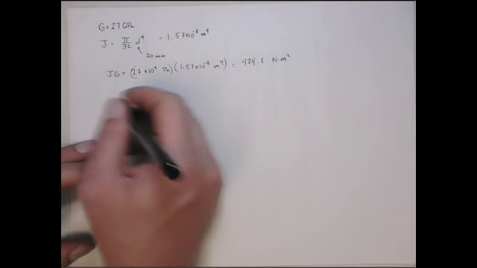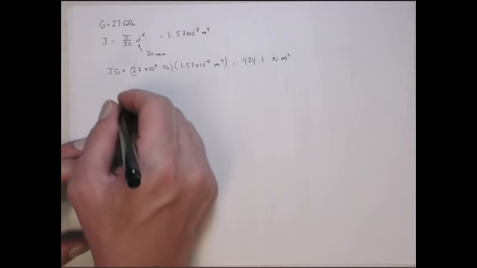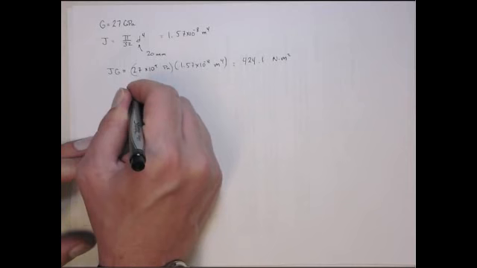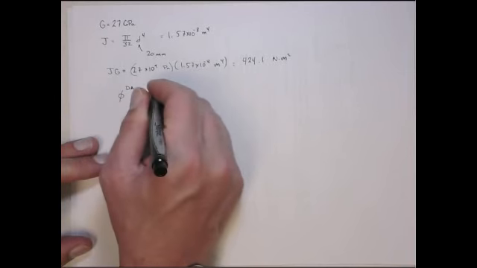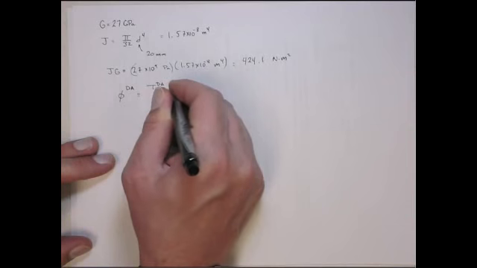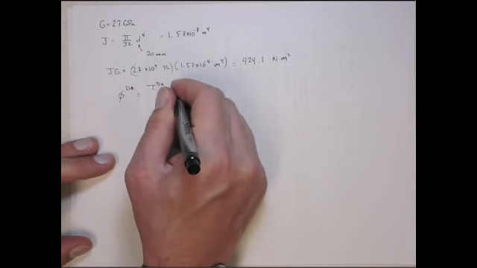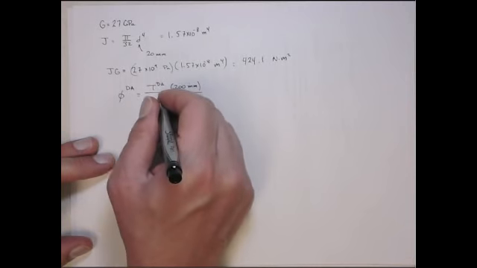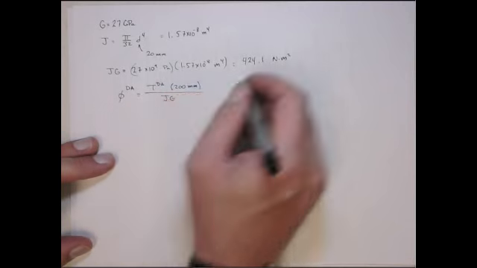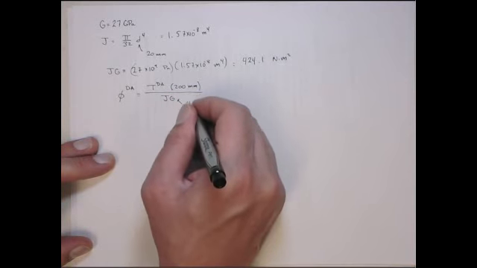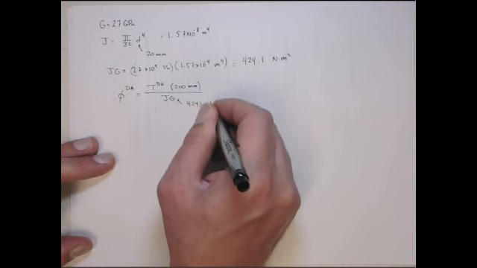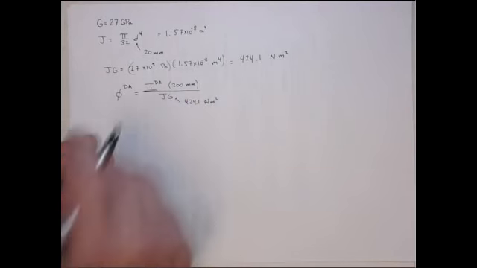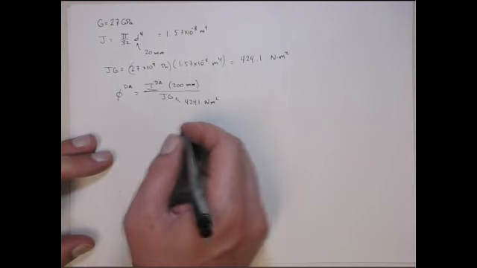Now let's get phi of D relative to A. We need the torque in that section times its length, which is 200 millimeters, divided by this JG quantity, the 424.1 newton meters squared. So we need to get the internal torque, and we do that from a free body diagram.